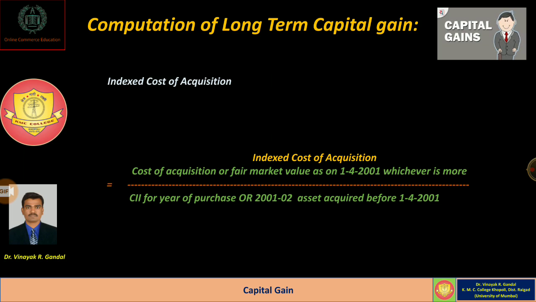So if the asset was purchased on or before 1st April 2001, we consider the higher value here, divided by the CII, that is the cost inflation index for the year of purchase, or 2001-02 if the asset was acquired before 1st April 2001. So this is the simple formula we can use while determining indexed cost of acquisition as well as indexed cost of improvement. Okay.